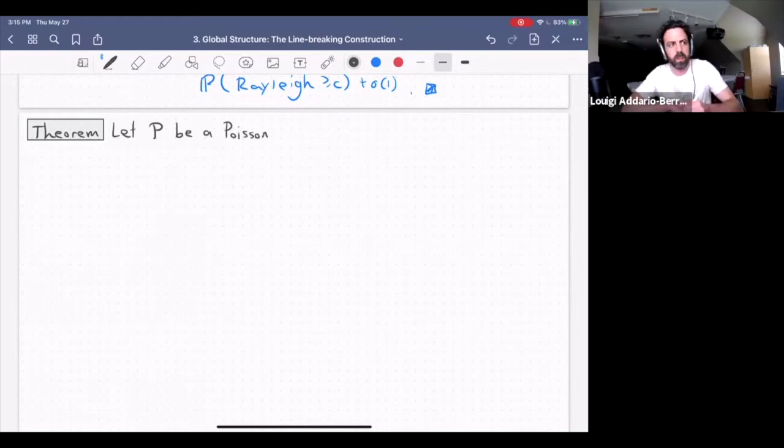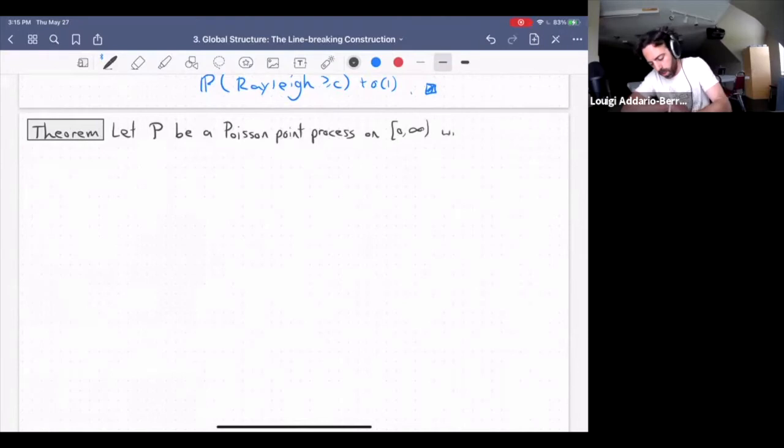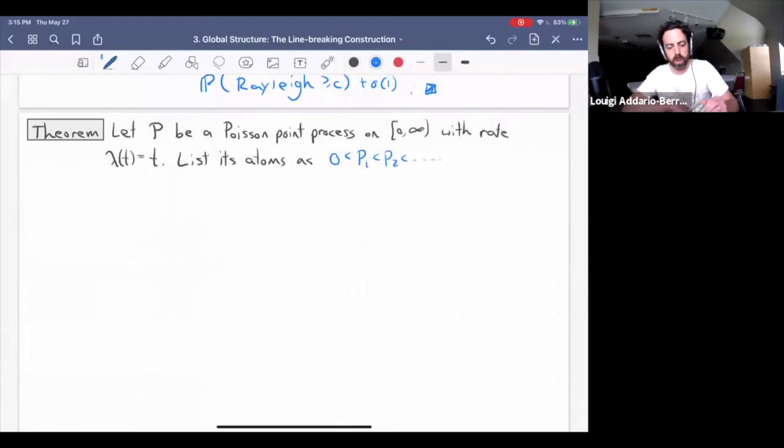So we start from a Poisson point process on the non-negative real line, which is inhomogeneous, okay? So its rate increases over time. The rate function is just linear: lambda of t is equal to t, okay? And we'll list the atoms of this process in the order they arrive, as P1, P2, and so on. Okay, so this list goes on forever.